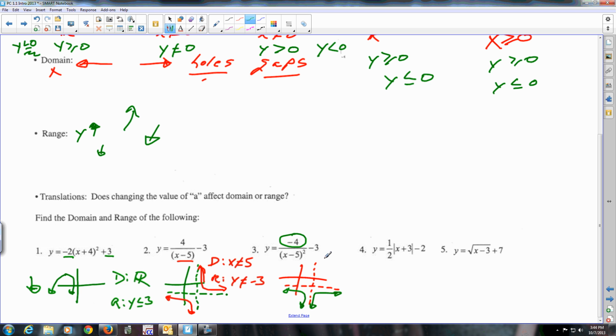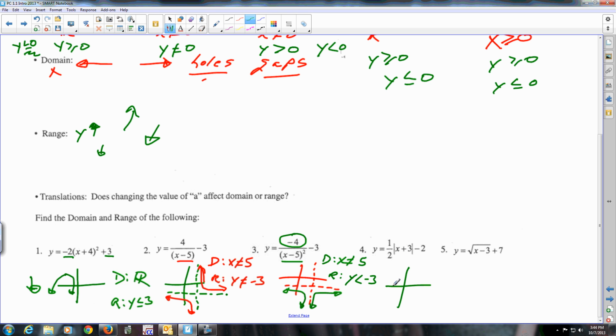Can you go as far left as you want for domain? Yes. Can you go as far right as you want? Yes, but you have a gap. Where's the gap? The gap's at 5, so x cannot be 5. Range, as high as you want? No. How high can you go? You can go as high as -3, but I cannot include it because that's an asymptote. Y is less than -3.